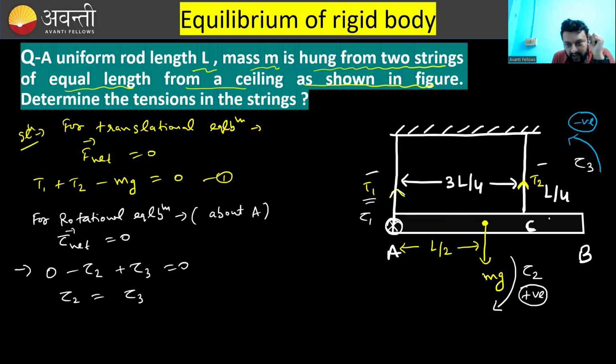The force of gravitation is mg, and the mutual perpendicular distance is from A to this point, that is L by 2, equal to tau 3. The force is T2 into the mutual perpendicular distance, and can you see that this is the mutual perpendicular distance, that is 3L by 4.